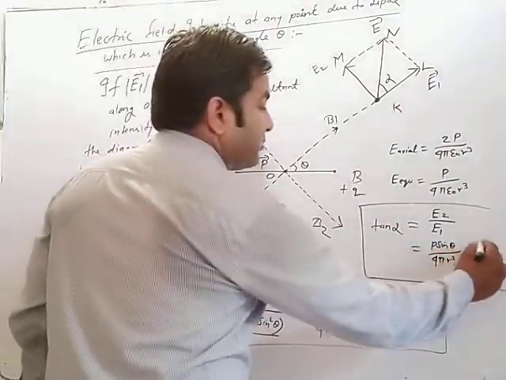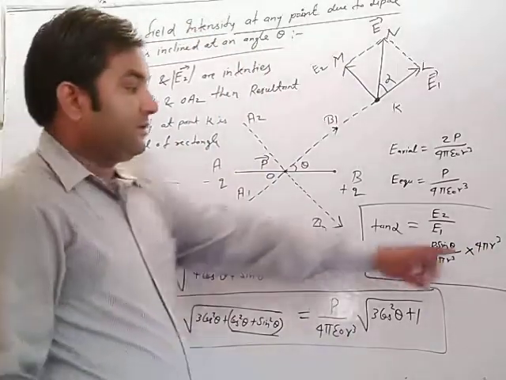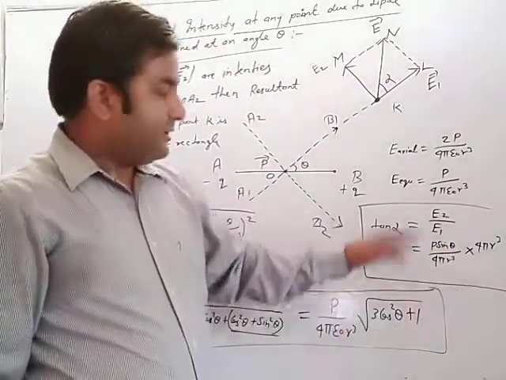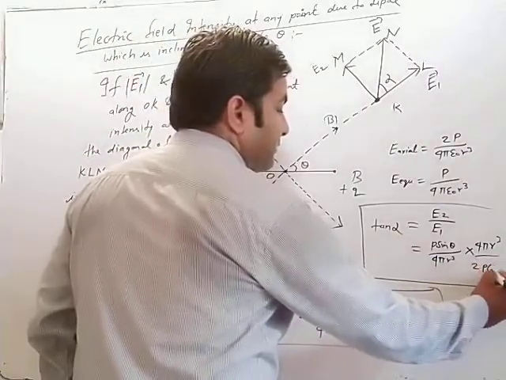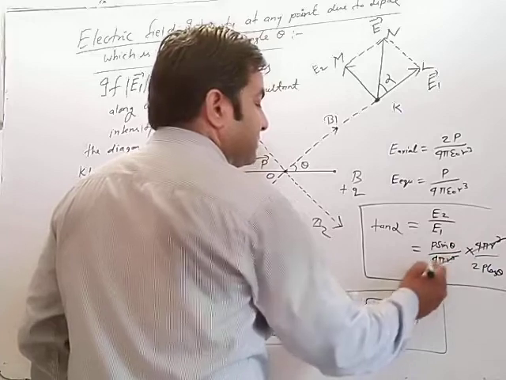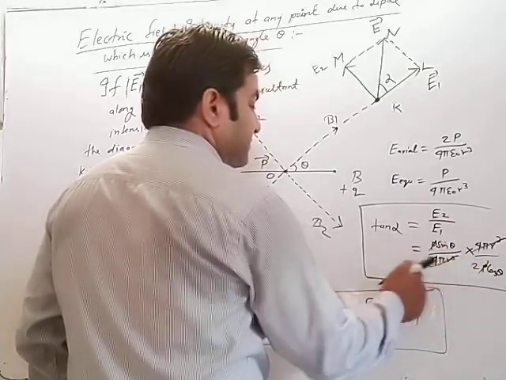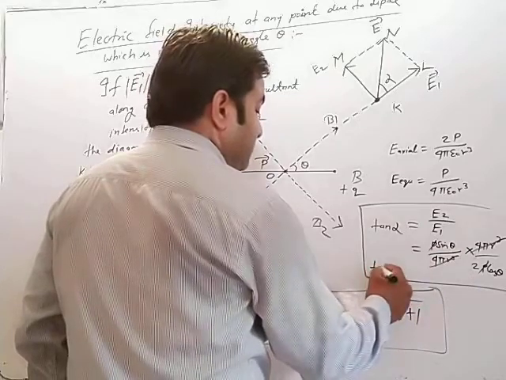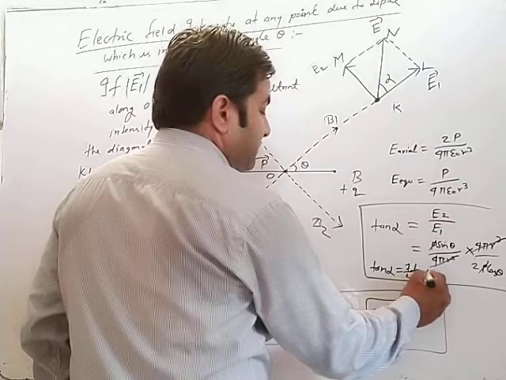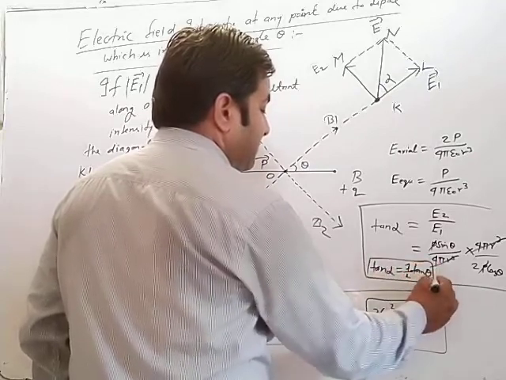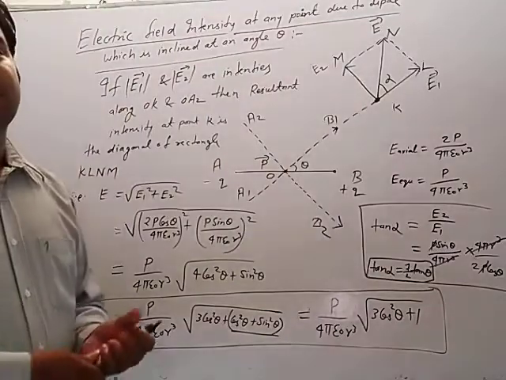Then 4 pi r cube cancels, P cancels, so sin theta upon cos theta, and 1 upon 2 also, so tan alpha is equal to 1 upon 2 tan theta. This is the formula for direction. Tan alpha is equal to 1 upon 2 tan theta.